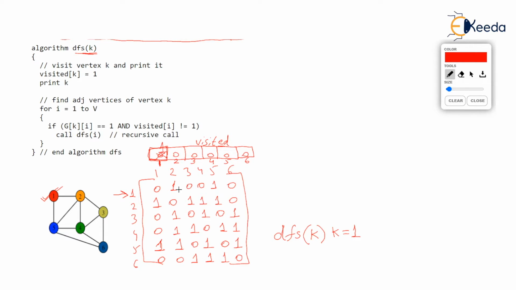Why did we store 1 in the second and fifth column? Because 1 and 2 were adjacent and 1 and 5 were adjacent. So it's only a matter of remaining in that kth row, k is 1, and going through all the columns one by one and seeing where 1 is hidden. As soon as you get 1, you will say that I have found an adjacent vertex of k. Okay. So to find adjacent vertices of k, we start a for loop. Check the cursor place. Where I is going from 1 to v.